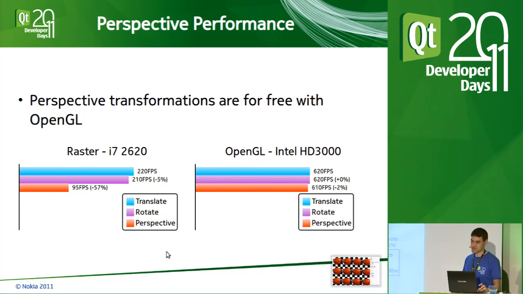But this benchmark was run without it. But as soon as you do perspective transformations, you get a significant performance loss. And this is because it goes through a more general code path, and it is not very optimal, as some of you have experienced, I'm sure. On OpenGL, this is not a problem. Perspective transformations are just a standard 3D thing, so that is what the hardware is made for.